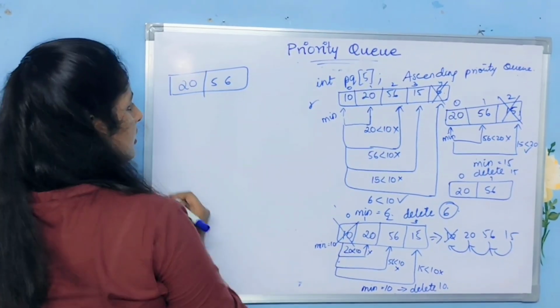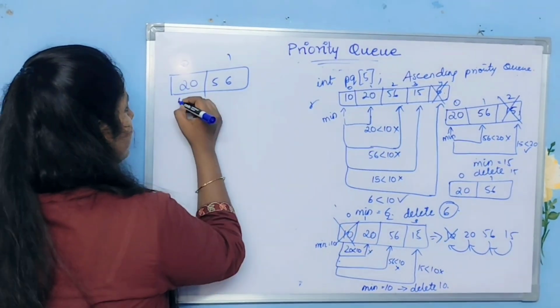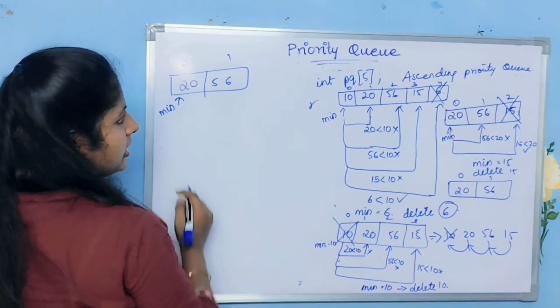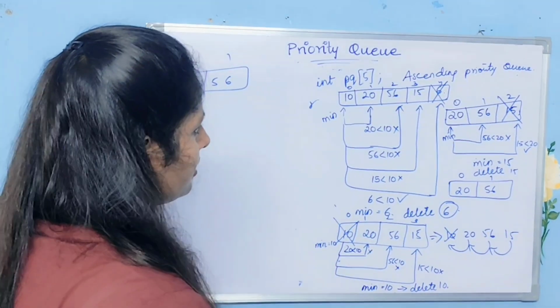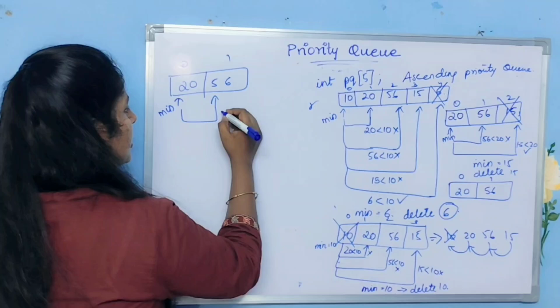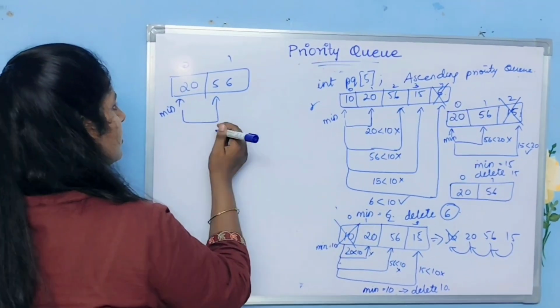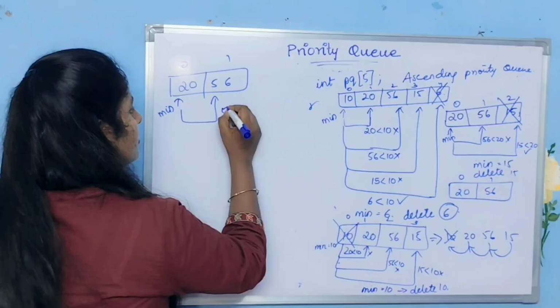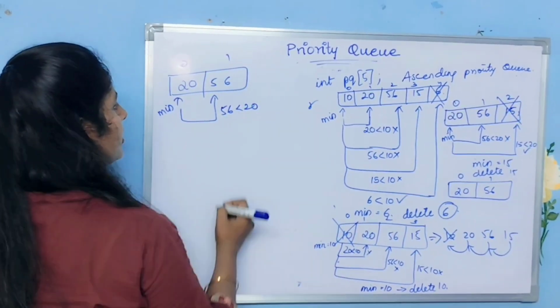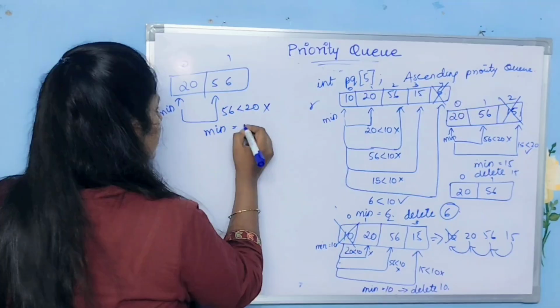There are only two elements, at indices 0 and 1. Now let's consider 20 as min and compare it with 56. Is 56 less than 20? Condition false, so min is not changed.